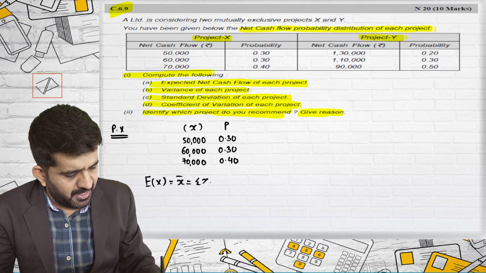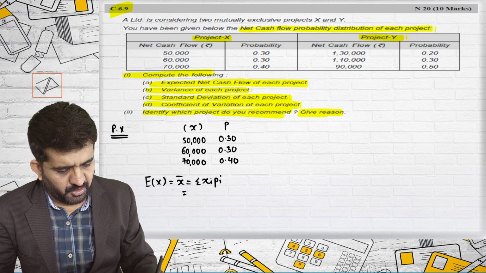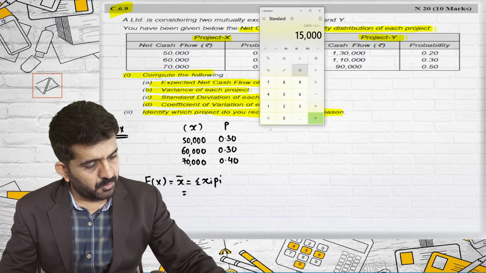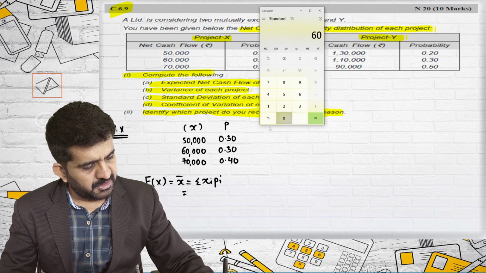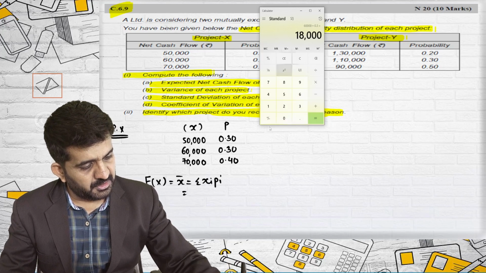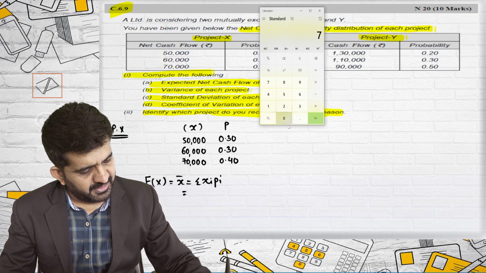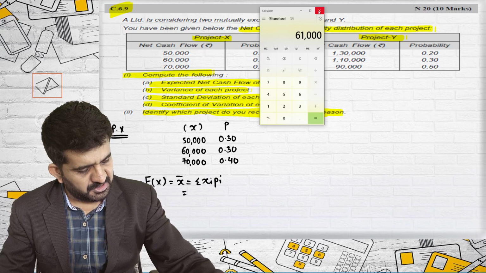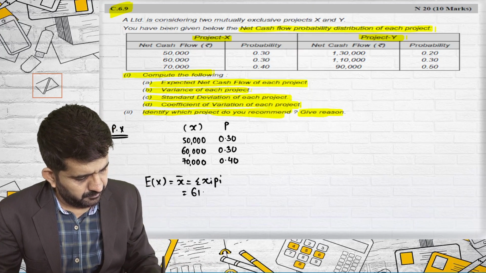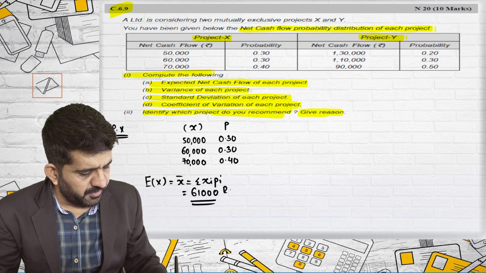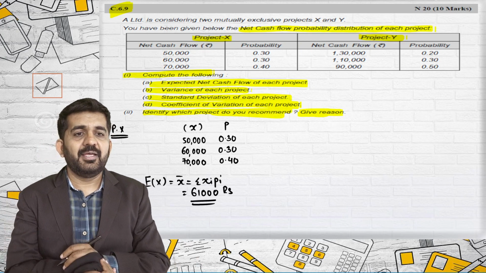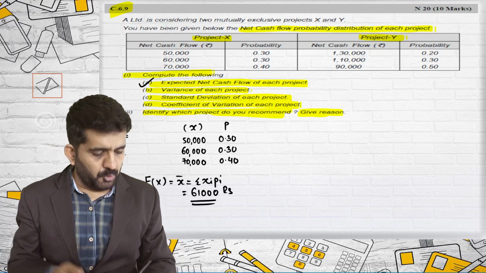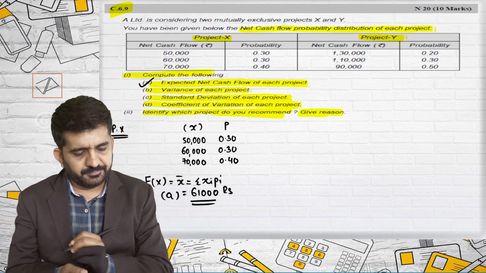It is the sigma xi pi, just multiplication of these three. So 50,000 into 0.3 is equal to M plus, 60,000 into 0.3 is equal to M plus, and 70,000 into 0.4 is equal to M plus. MRC is 61,000. 61,000 rupees cash flow is my average. Expected net cash flow of each project. So this is answer number A.